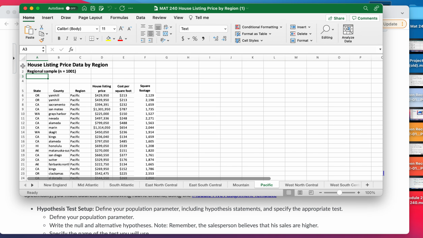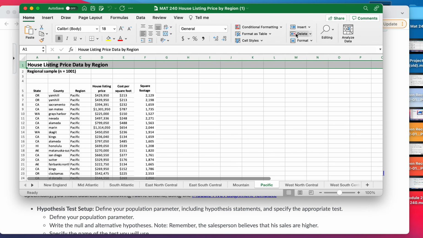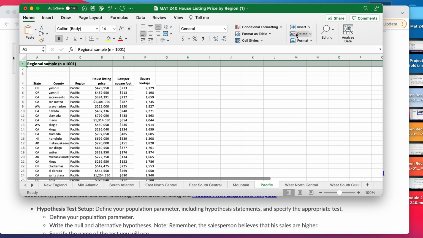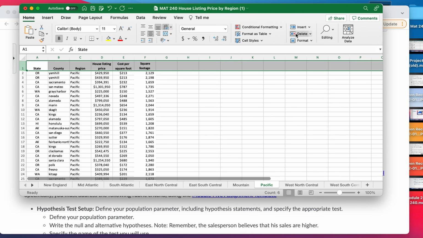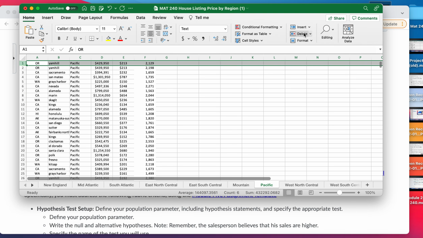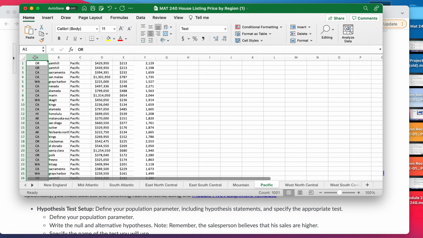So I'm going to highlight one, delete. I'm going to keep deleting these rows. I'm going to delete the titles too, as long as I remember that this column E is cost per square foot. Okay, so delete. I'm going to delete these columns that we don't need.